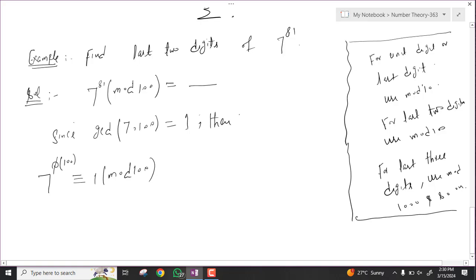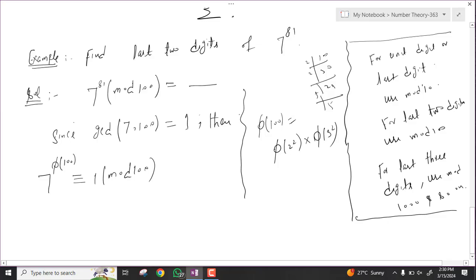Now we find phi of 100. 100 is 2 squared into 5 squared. So phi of 100 is phi of 2 power 2 into phi of 5 power 2. So this is equal to 2 power 2 minus 2 power 1, and 5 power 2 minus 5 power 1.